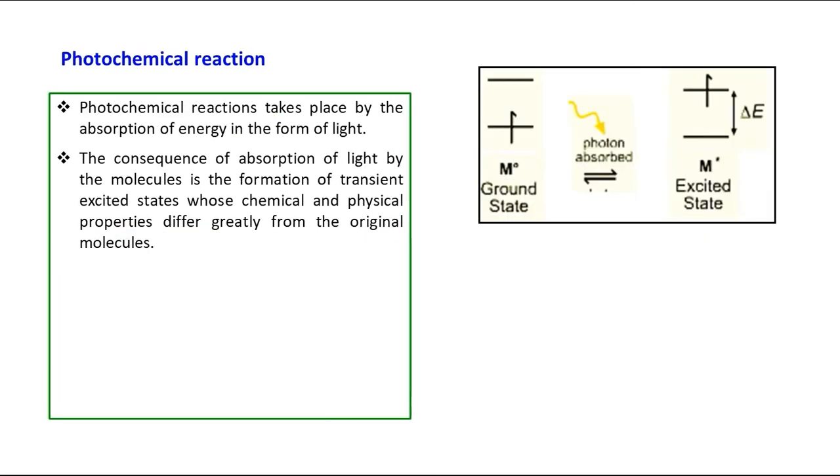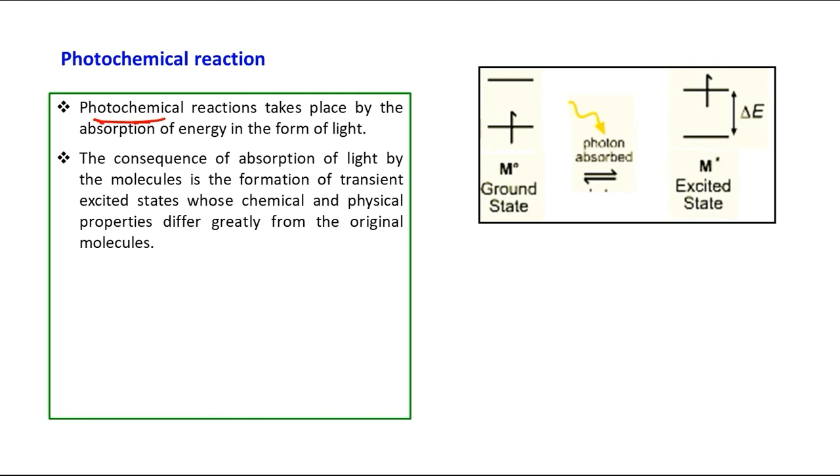Now next, photochemical reaction, because we are trying to understand whether for photochemical reactions the order is 0 or not. So what is a photochemical reaction? As we are using the word photochemical, obviously the reaction will take place by absorption of energy in the form of light. Whenever we have any reaction, energy is required. This energy can be provided in the form of light, or it may also be thermal energy.